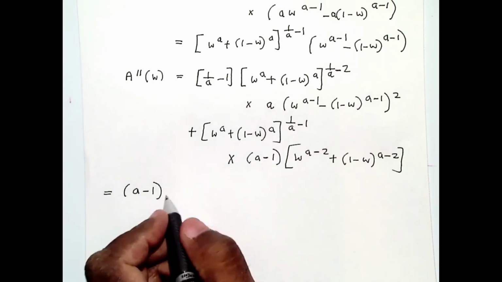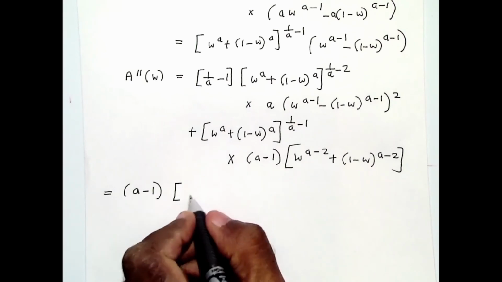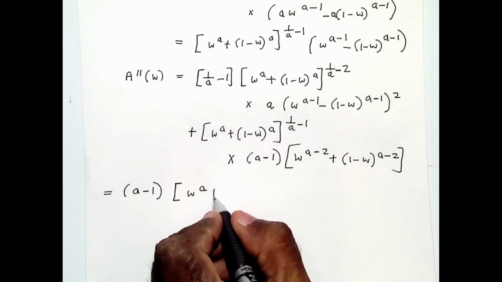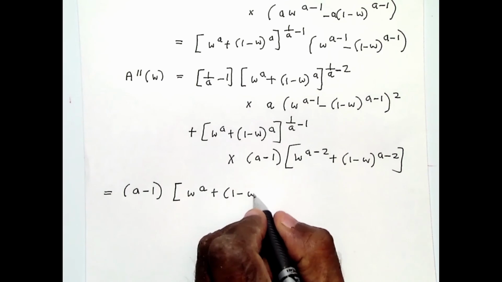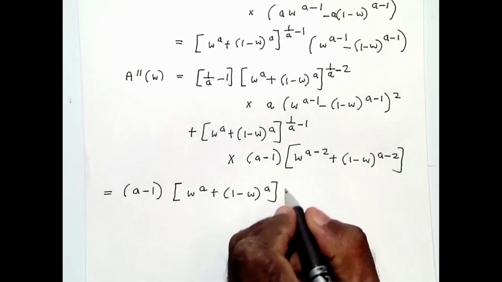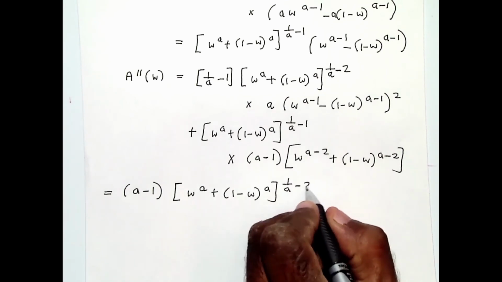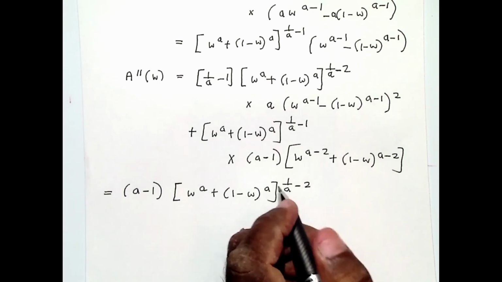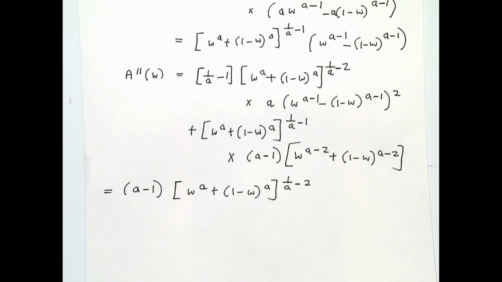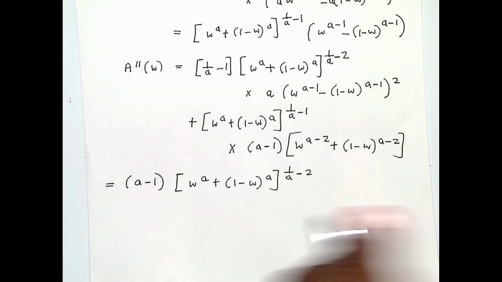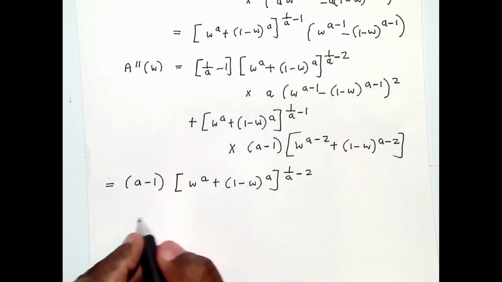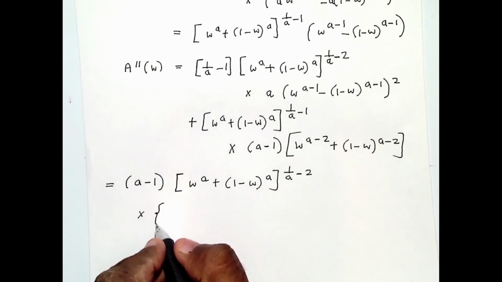You can pull that outside, so it's going to be this. This is going to be the common factor. And so inside the brackets, you're going to have the following.